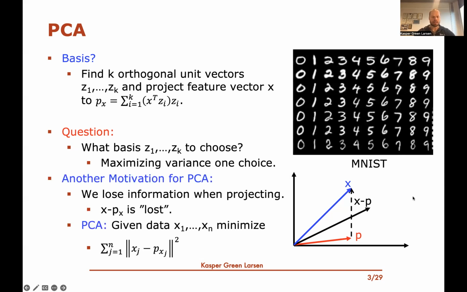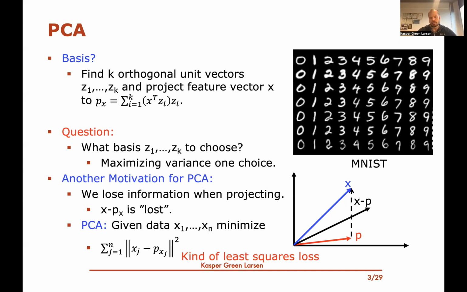So why not instead say, okay, I have my data, a sample set of points x1 up to xn, and what I'd like to minimize is the sum over all of them of the squared distance between the original xj and the projected xj. This is kind of like a least squares loss function, like we're more used to seeing in much of the supervised learning we saw in these videos.